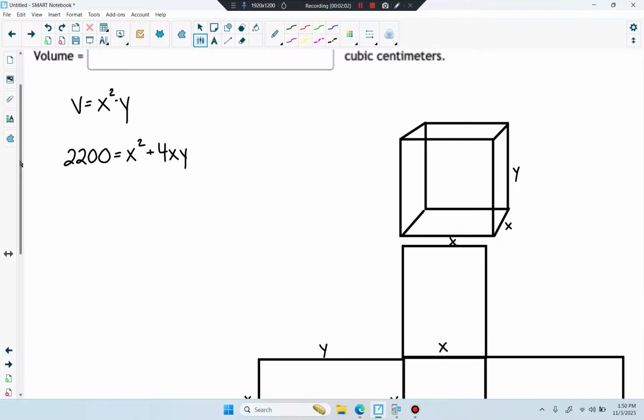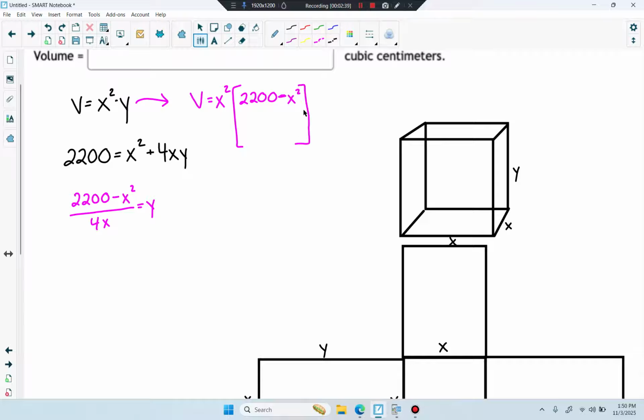I get the volume equals x squared times 2,200 minus x squared, over 4x. I distribute the x squared. I get the volume equals 2,200 x squared minus x to the fourth, over 4x.